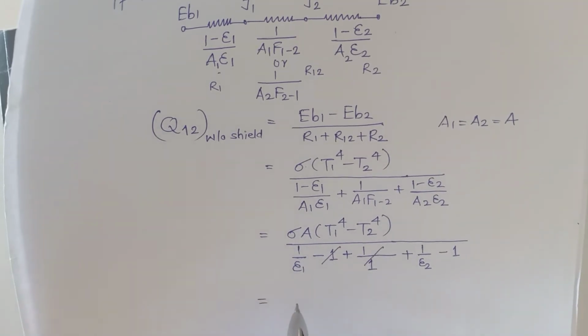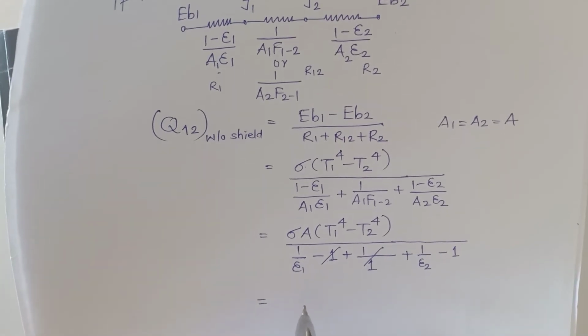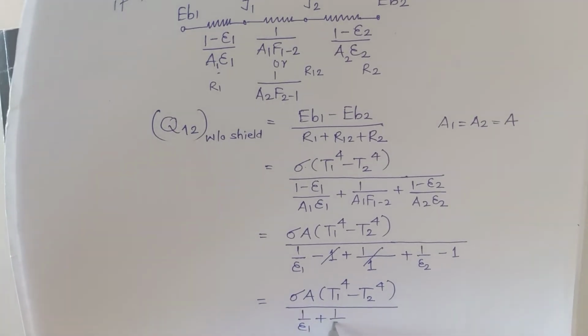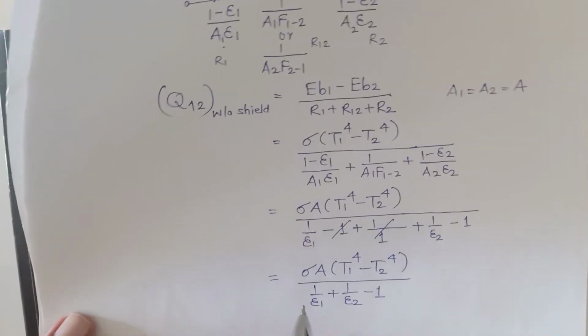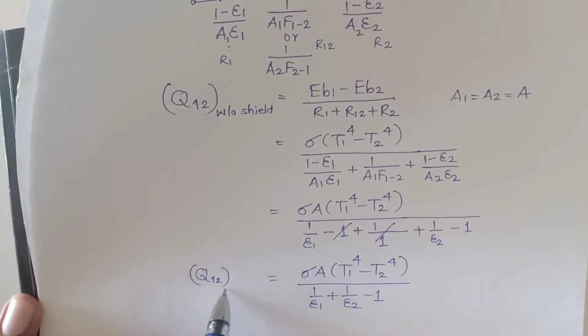So if two surfaces are simply exchanging radiation and they have the same area and are large enough, then we can write the heat transfer as sigma A into (T1 raised to 4 minus T2 raised to 4) divided by (1 upon epsilon 1 plus 1 upon epsilon 2 minus 1). And this is nothing but Q12 without shield.